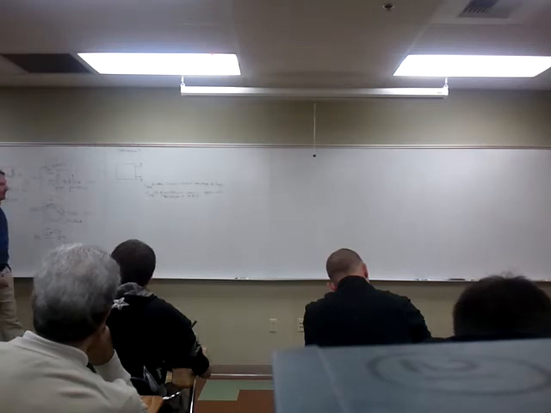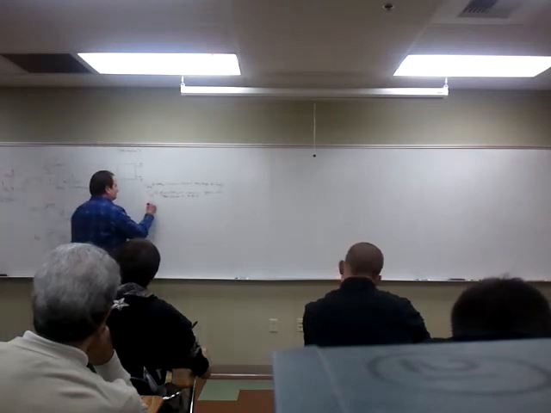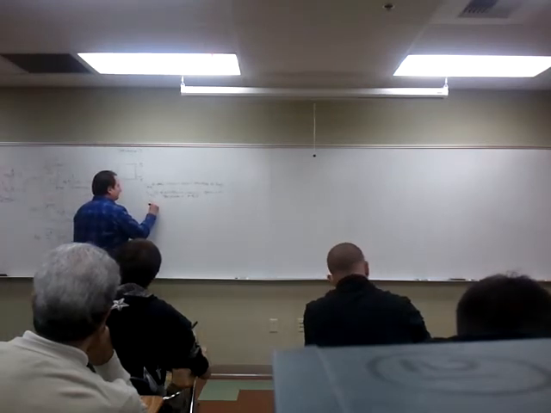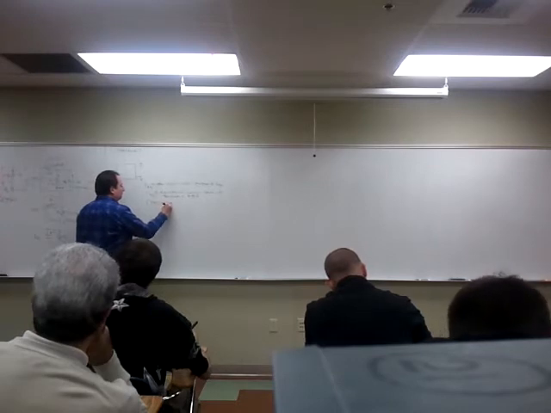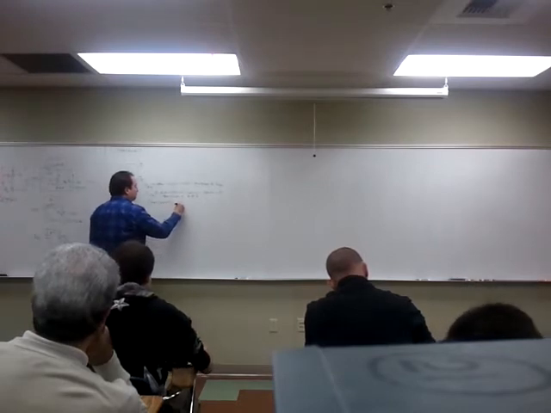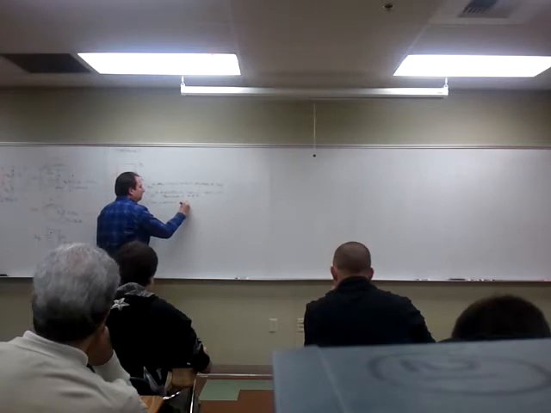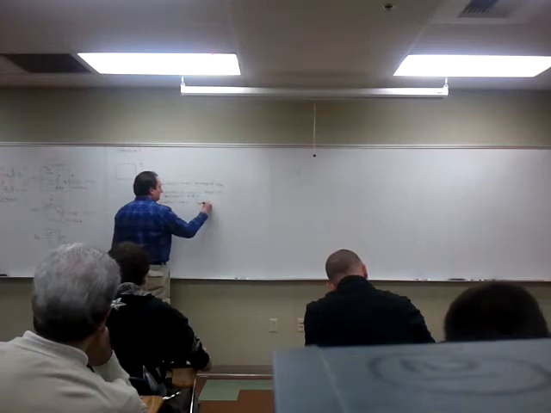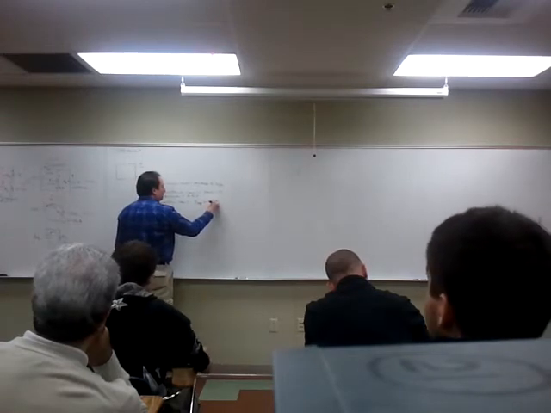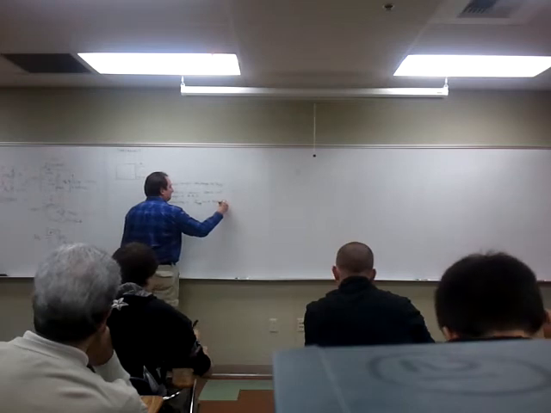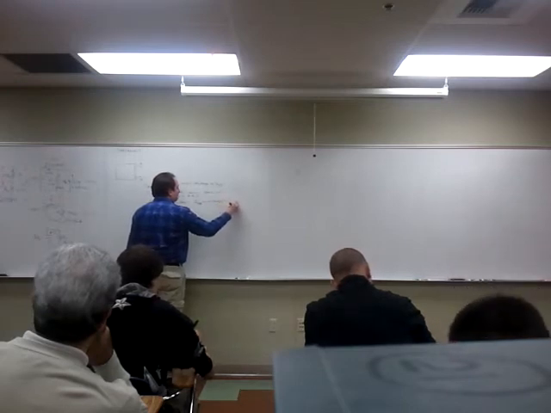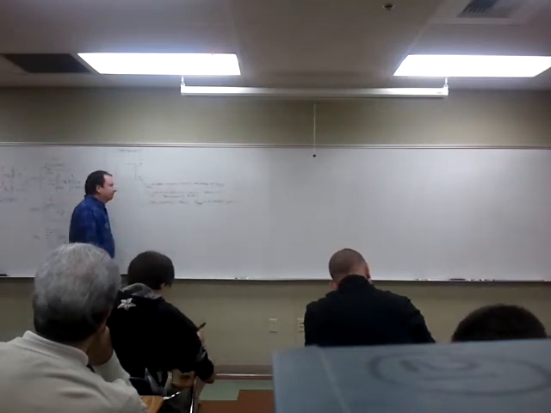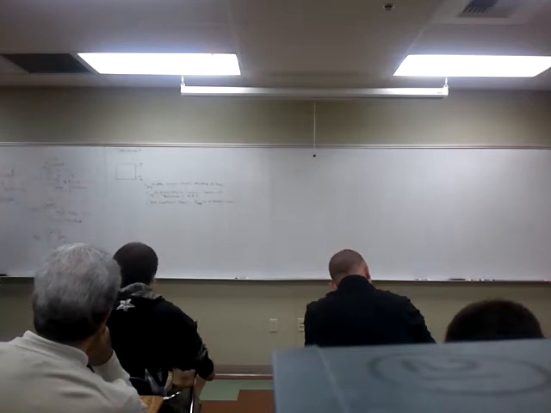Another thing that you can do, but this is for Norton's only, I can find the current from A to B in a short circuit. But you're not doing that for Thevenin's, that's why I have it in parentheses.